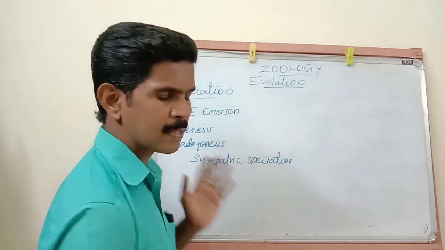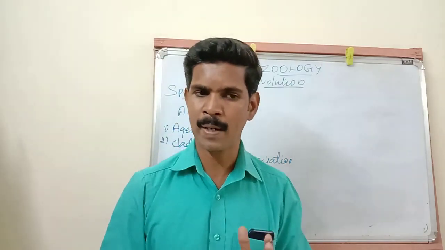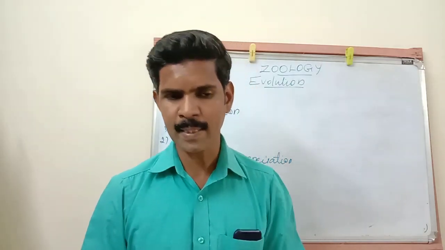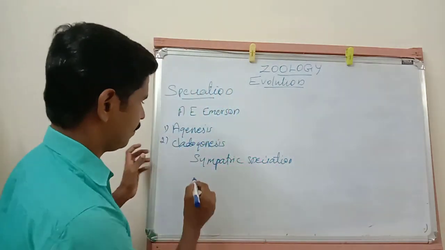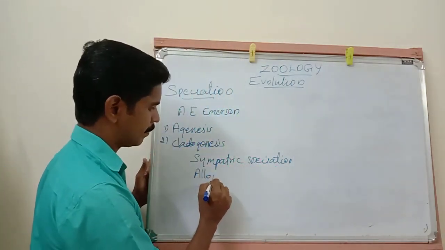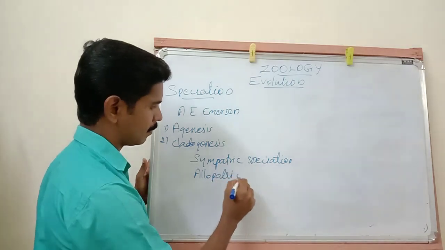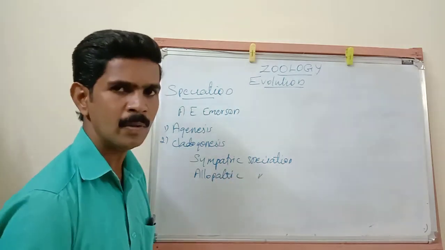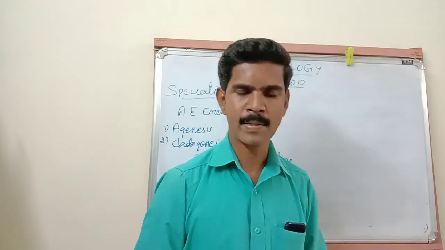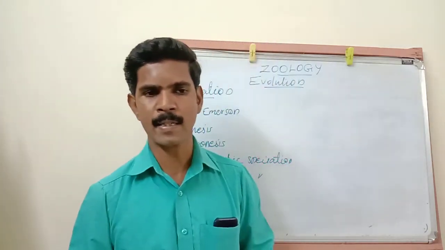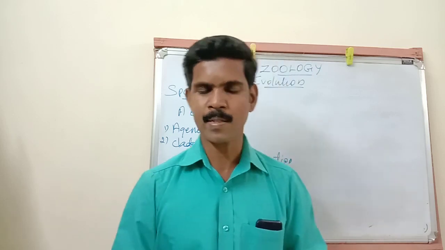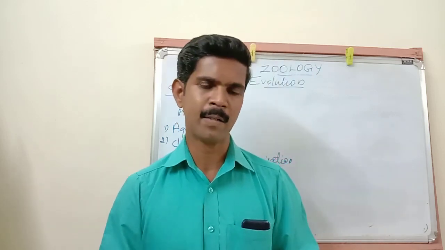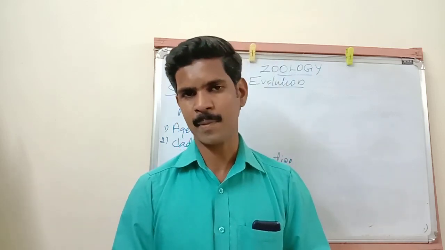The first type of speciation is called sympatric speciation, and the second type of speciation is called allopatric speciation. So the speciation process is classified into two major categories. First I will explain what this sympatric speciation is.